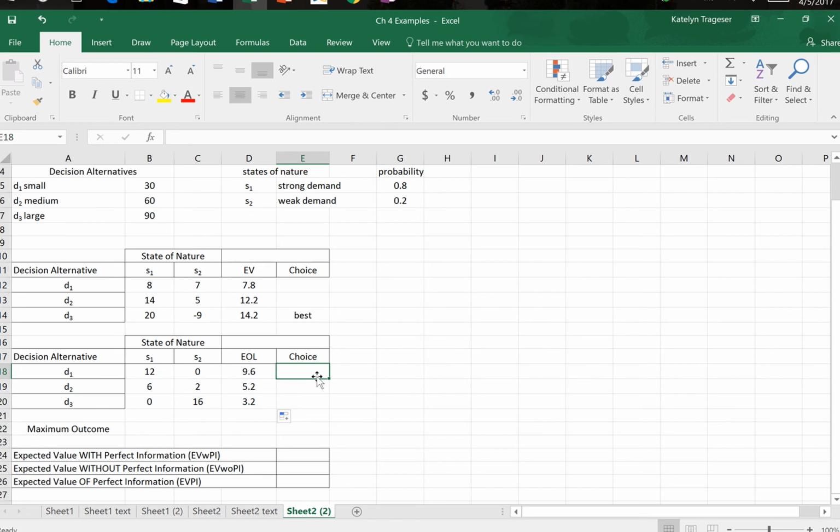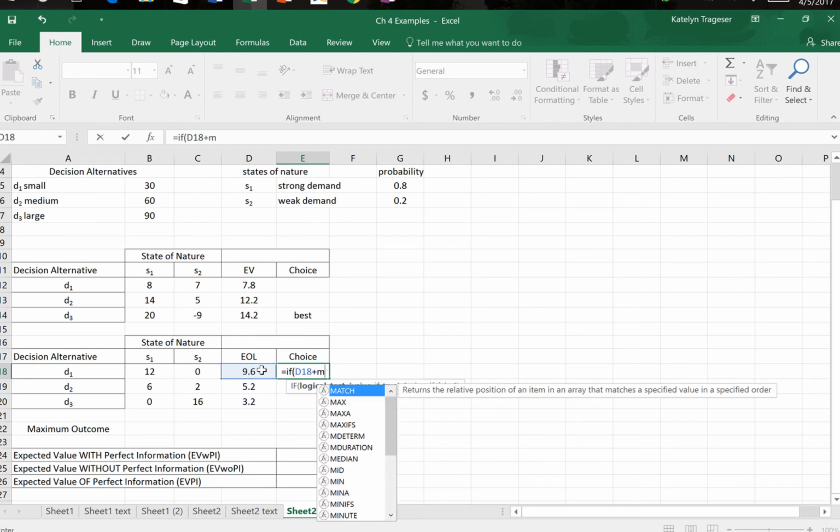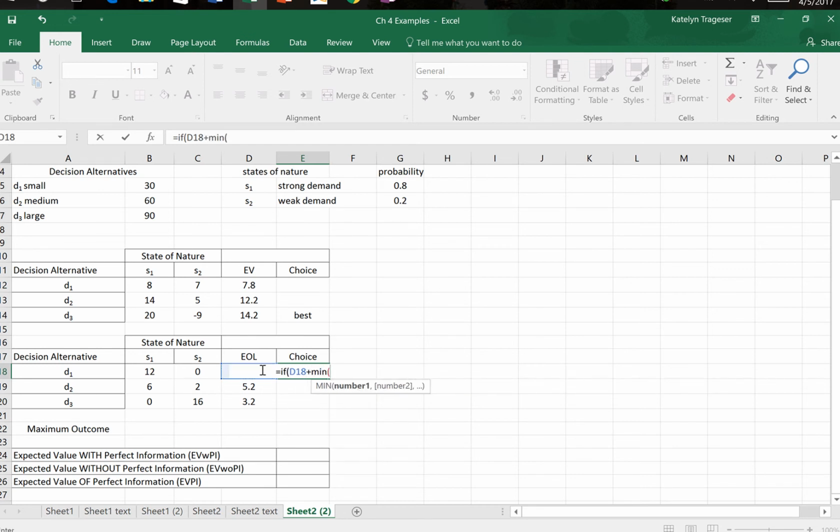Our if statement is going to contain a minimum: equals if the value on our left is equal to the minimum of the three, lock them in, then this is the best case scenario.